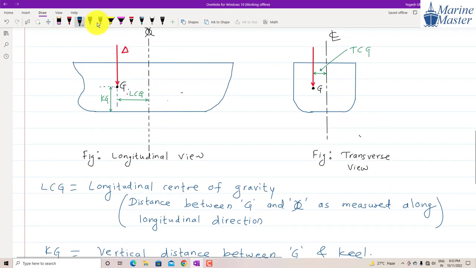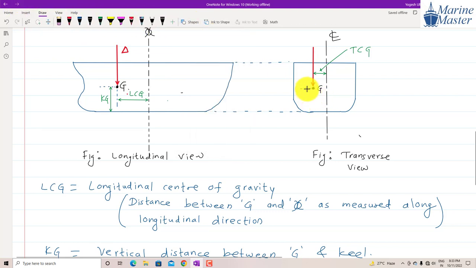On this view also we can show KG, guys. So here, one minute, this is water, and let me draw this line.